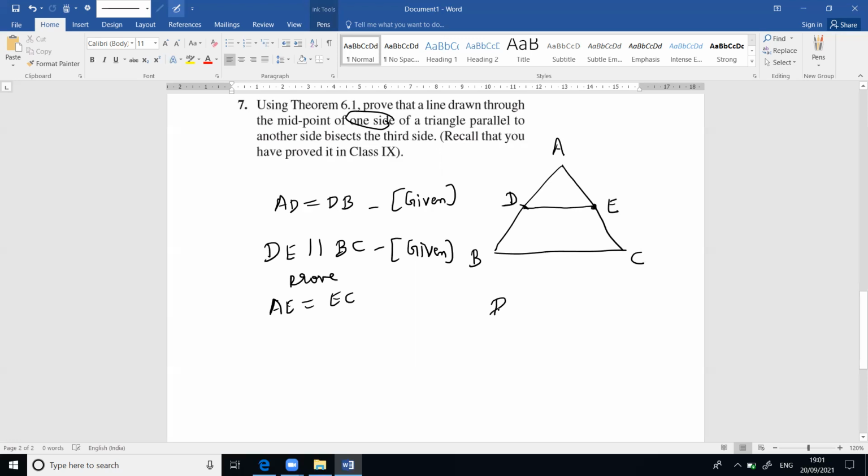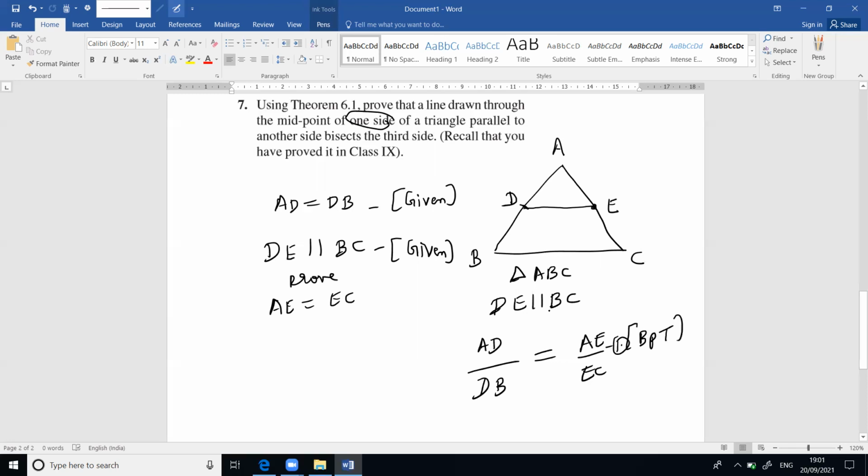Now here it is given that DE is parallel to BC. So as per basic proportionality theorem, in triangle ABC, AD is to DB will be equal to AE is to EC. This is as per basic proportionality theorem. First relation I have written.